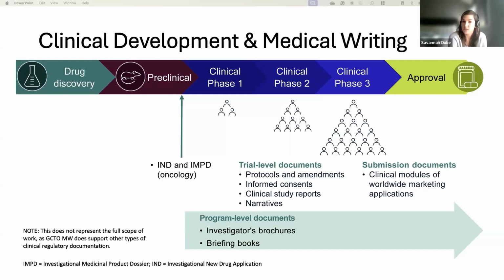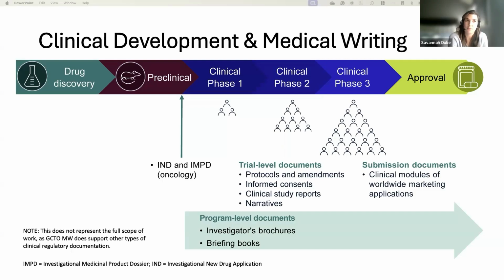We have patient safety narratives and all these other documents that eventually go to the FDA or whatever regulatory agency. I work in a global role, so I work with the EMA, Japan, China, all regulatory agencies to submit our data to them and hopefully have an approval of a worldwide marketing application.